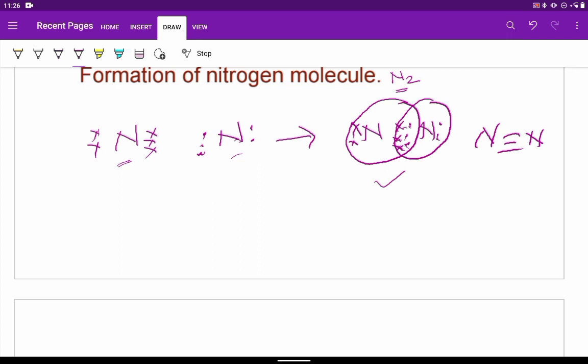Its octet is getting completed. For this nitrogen, 3 shared pairs means 6 electrons, plus 2. So the left side nitrogen gets its octet completed. For this nitrogen also, 3 pairs of electrons are shared, that is 6, plus it has 2 electrons not involved in the bonding, so adding that, the octet is completed again.